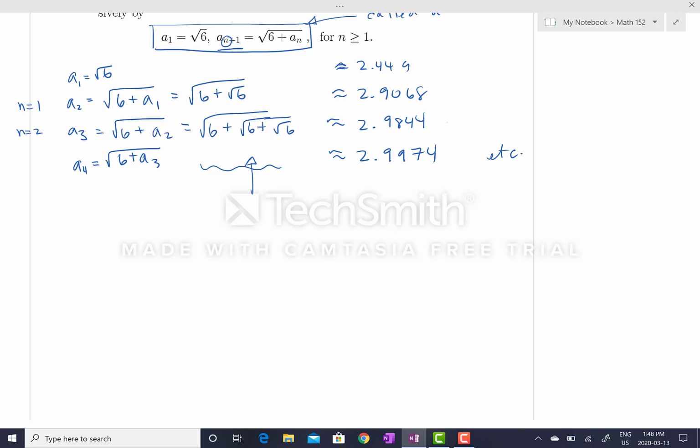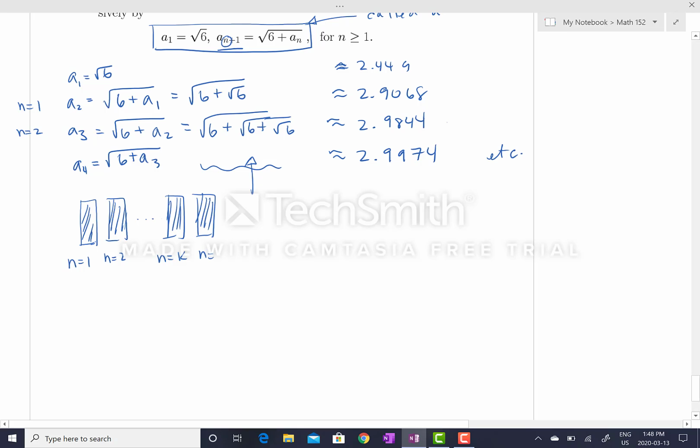Maybe because I have extra time in a video, I will tell you the sort of Cole's Notes version of how this works, and that is we're attempting to show something for a large value of n. So what we want to do is basically show it true for n equals 1. Now we're going to have a domino representing n equals 1, and then a domino representing n equals 2, etc., and we keep going with our little dominoes, and this would say, for example, n equals k, and then n equals k plus 1.